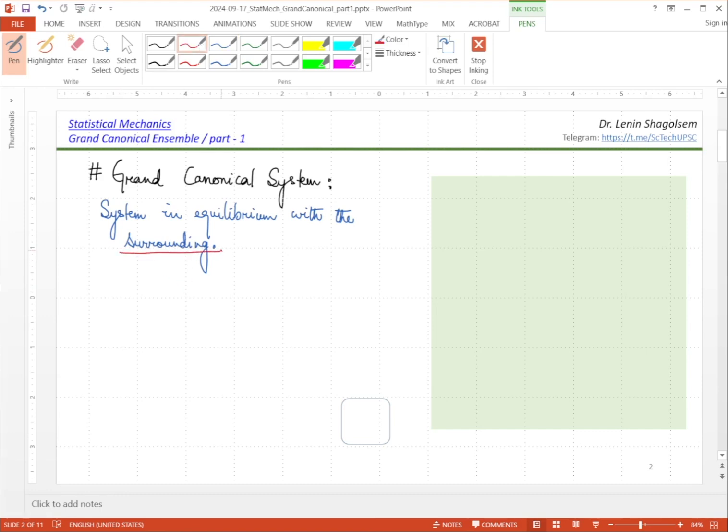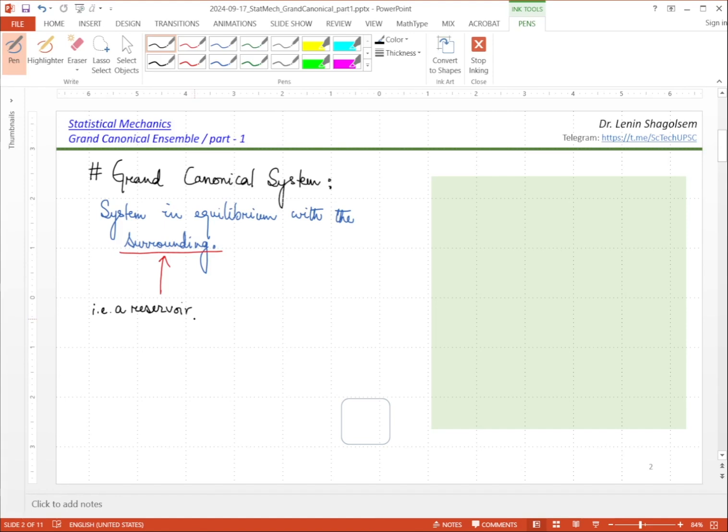Okay, so let us talk a little bit more about what kind of surrounding we're dealing with. This surrounding here is our standard reservoir. In the earlier case of canonical, the reservoir was only an energy reservoir, right?